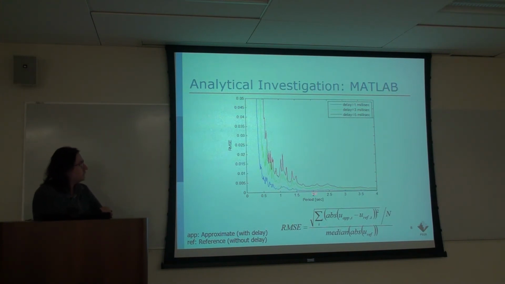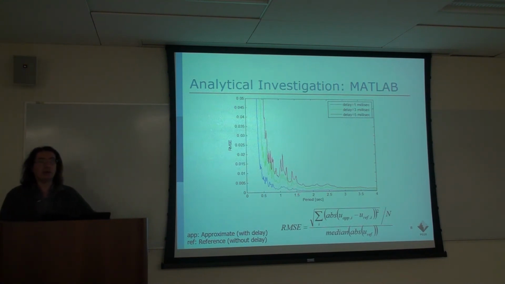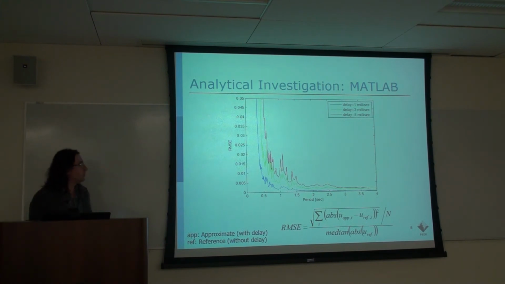Obviously, for each period the error for larger delay is larger, which is expected. And as we have seen in the previous presentations, the large period systems are affected less by the delay. As you can see here, when the period increases, the effect of the delay decreases.